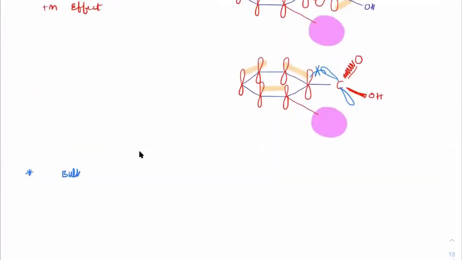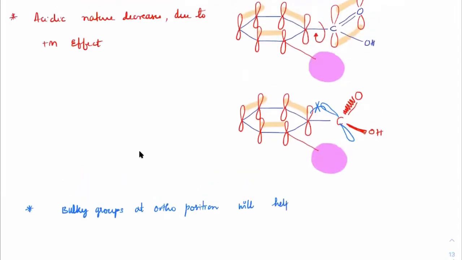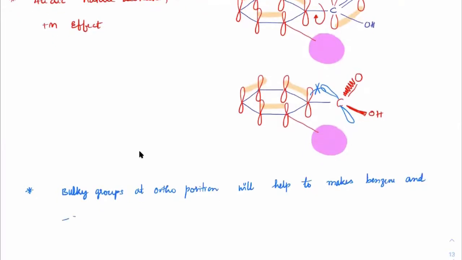Bulky groups at ortho position will help to make benzene and COOH change their planes and avoid plus M resonance of benzene.